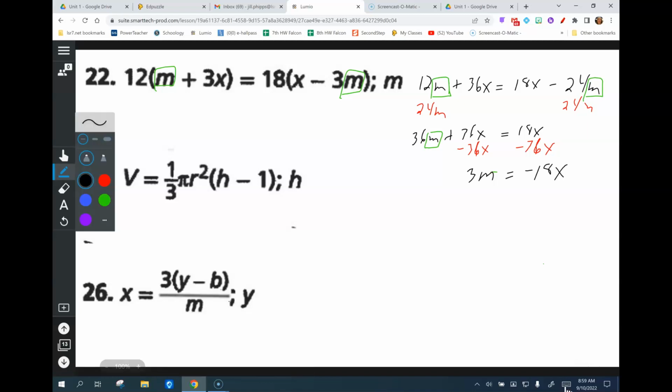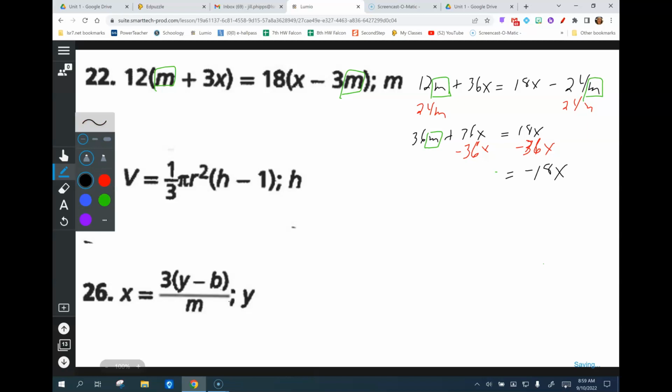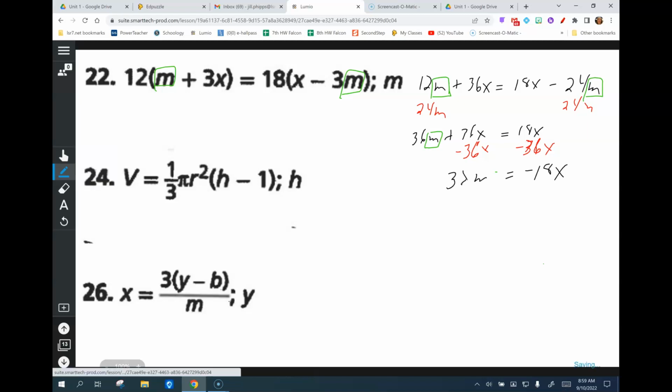Hopefully you can read all my handwriting. This is a 36. And I forgot my 36 on this side. So first off, I'm going to subtract 36x. Then I get 36m is equal to negative 18x.